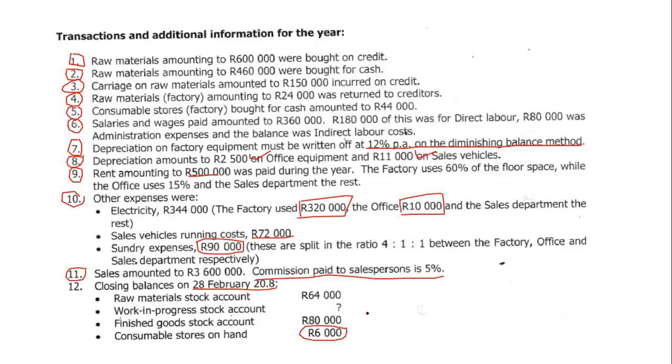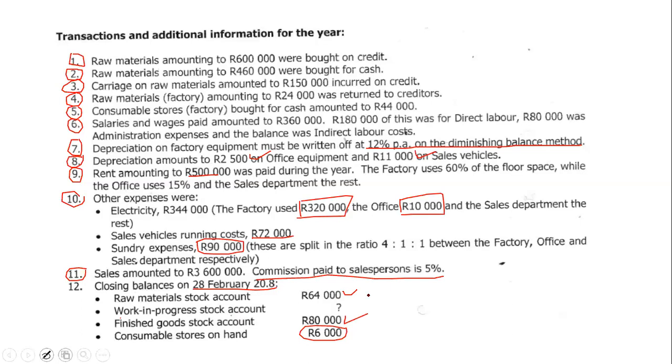Where do I take that to? The finished goods stock at the end of the year goes to the cost of sales, and it will be put as the end of the year finished goods.